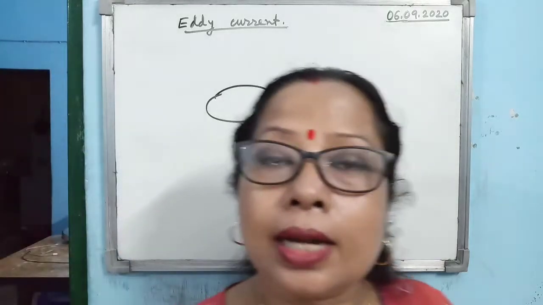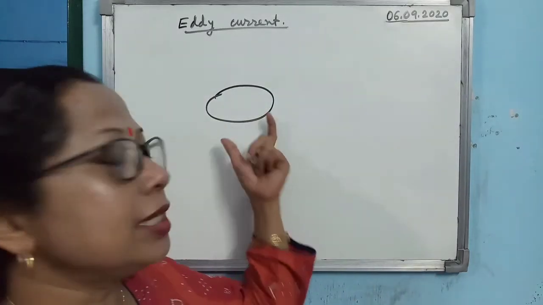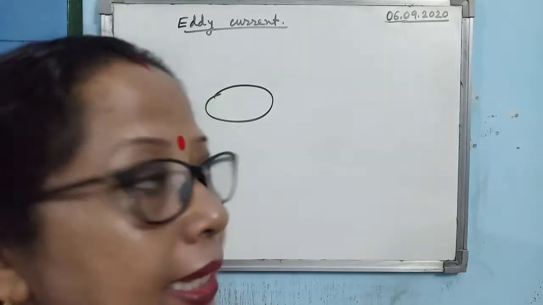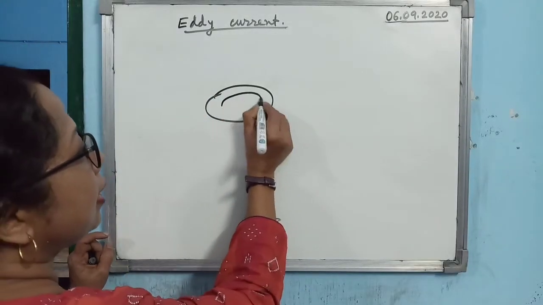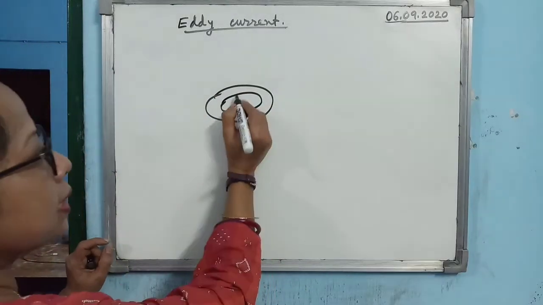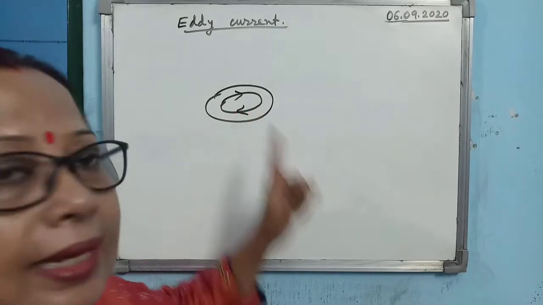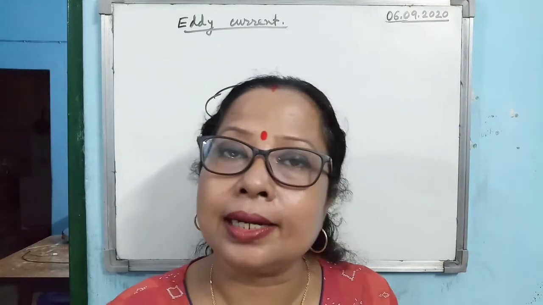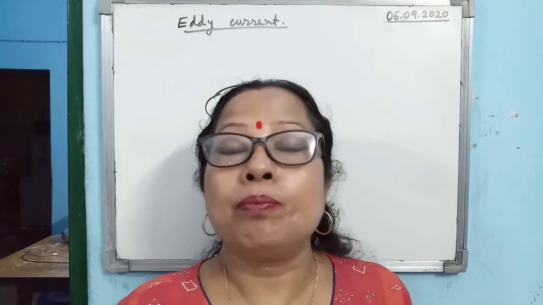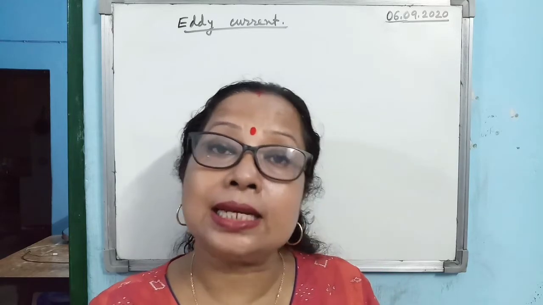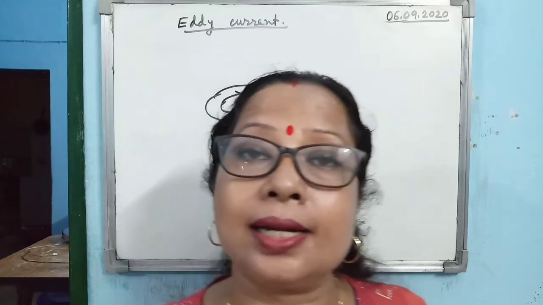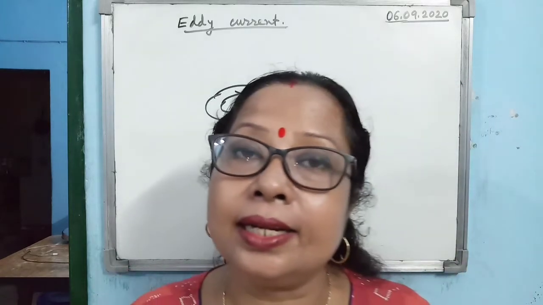Now if the magnetic flux linked with the conductor changes, then within the conductor an EMF will be induced and current will pass in the form of a whirlpool. So this current induced within a conductor due to change in magnetic flux linked with the conductor is known as eddy current.